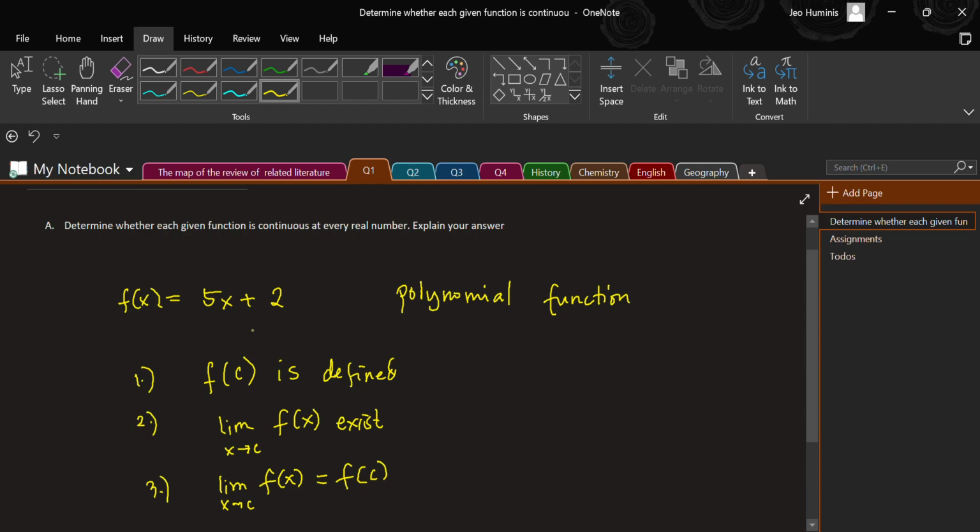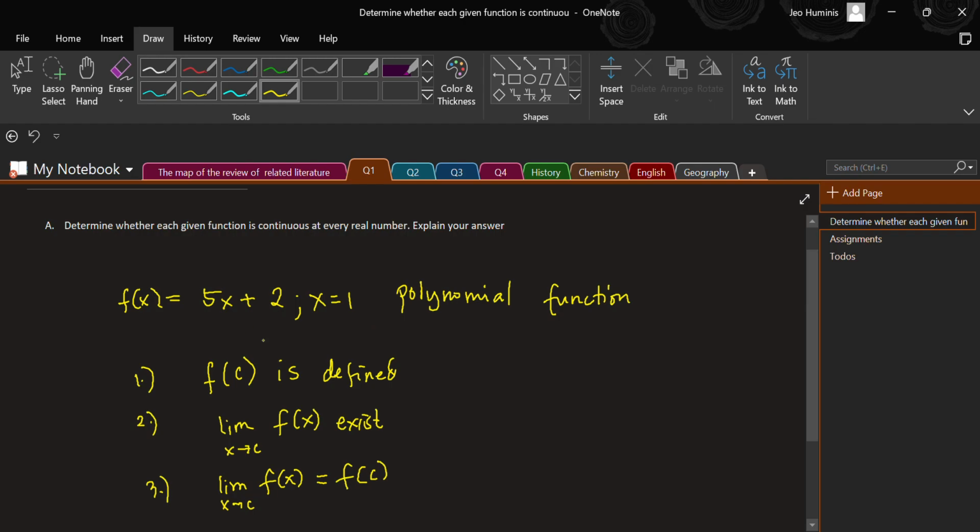First and foremost, if we have this point right here, let's say x is equal to 1, in this number, does it have a defined limit, or does the limit exist at a number x is equal to 1? So notice that this is a polynomial function.